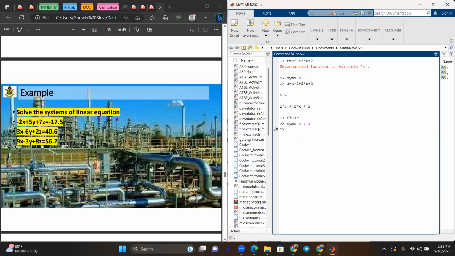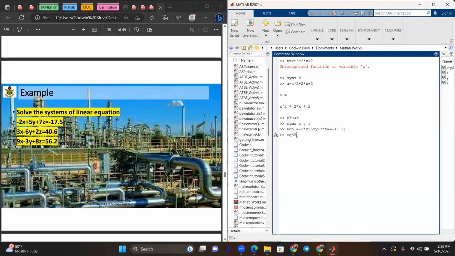Yeah. So syms x, y, and z. Equation 1, that's our variable name, is equal to 2 times x plus 5 times y plus 7 times z, double equal to negative 17.5. Then colon.